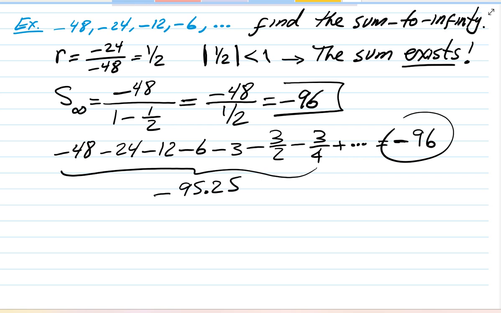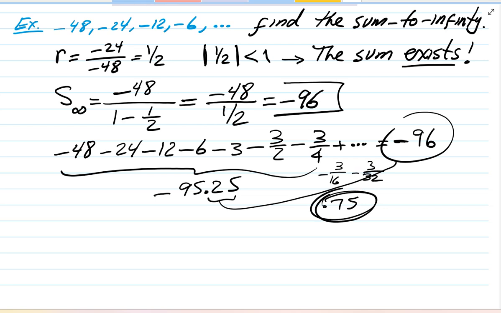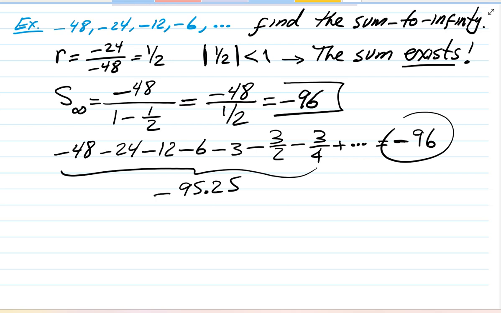Isn't that remarkable? The rest of this, infinitely many terms, is only going to pick up 3/4. So anyway, it's really phenomenal, folks, that this actually happens.